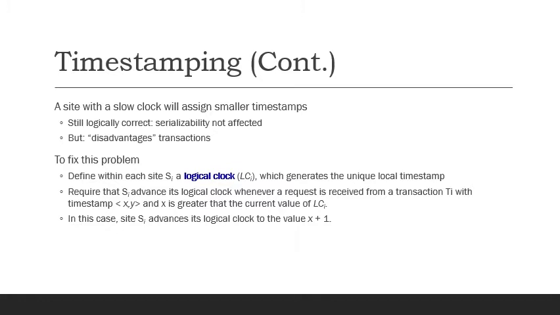So for that, we define within each site Si a logical clock, say LCi, which generates the unique local timestamp. It requires that Si advance its logical clock whenever a request is received from a transaction Ti with timestamp <x,y> and x is greater than the current value of LCi. In this case, site Si advances its logical clock to the value x plus 1.